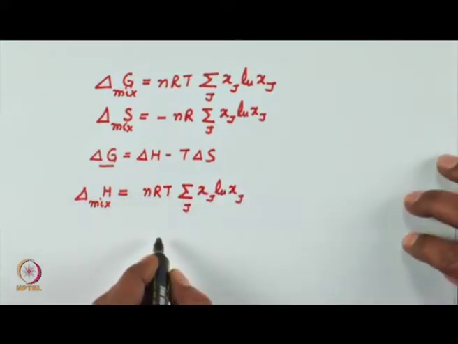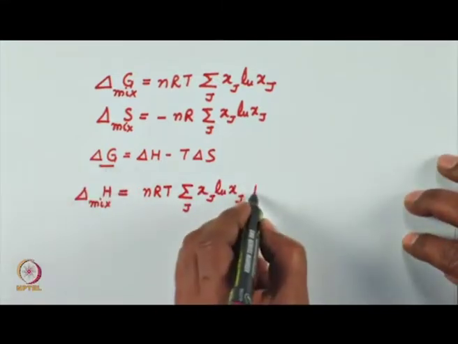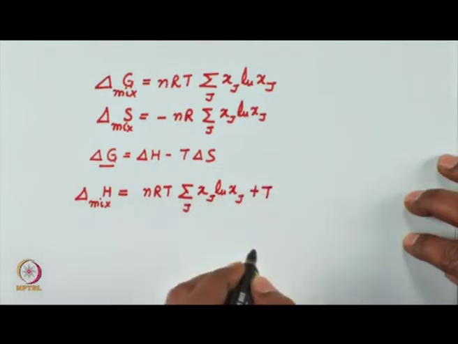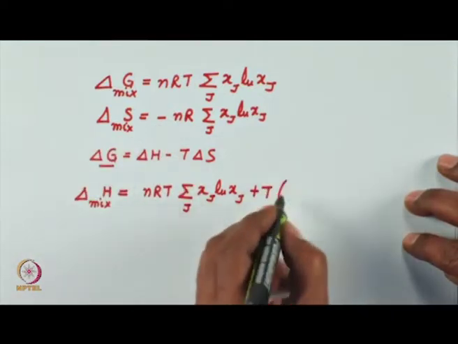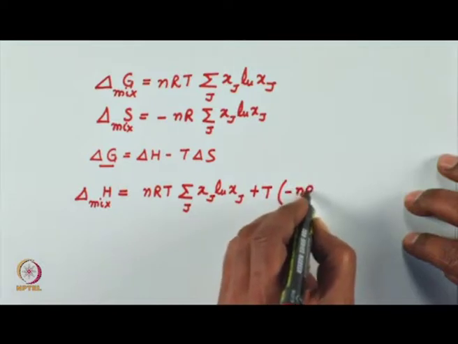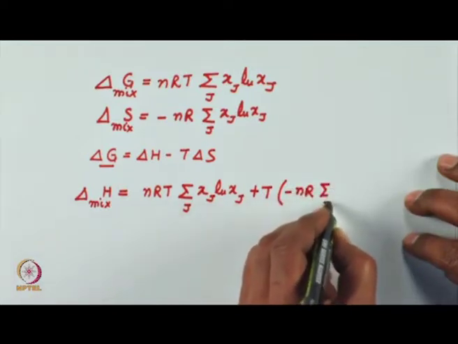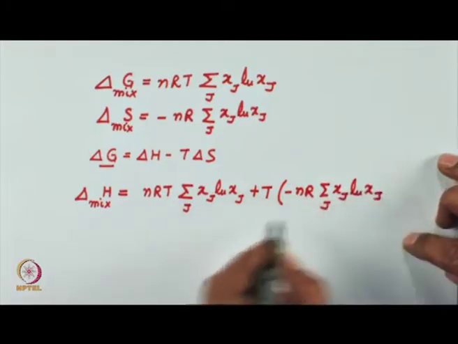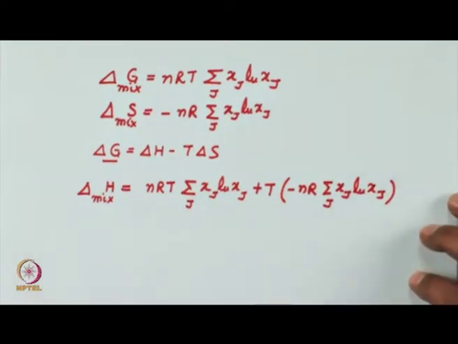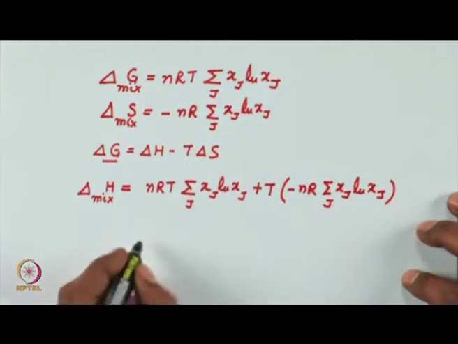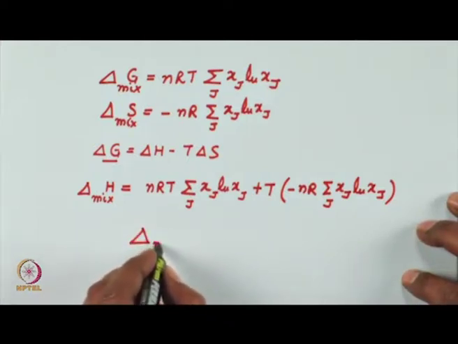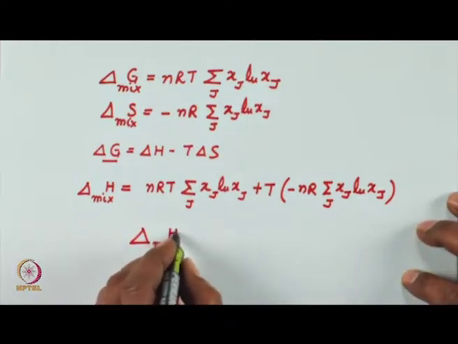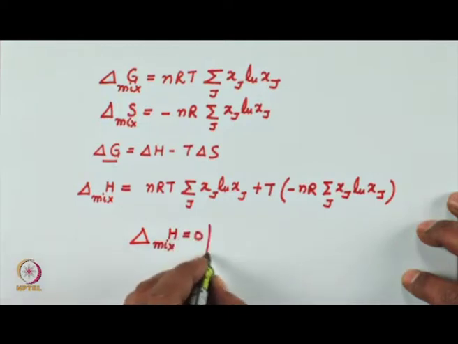This is for delta G plus T delta S, T times delta S is minus nR summation j xj log xj, and you can yourself see that both the terms will cancel and enthalpy of mixing is equal to 0.